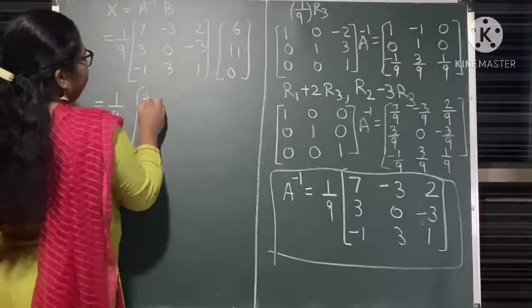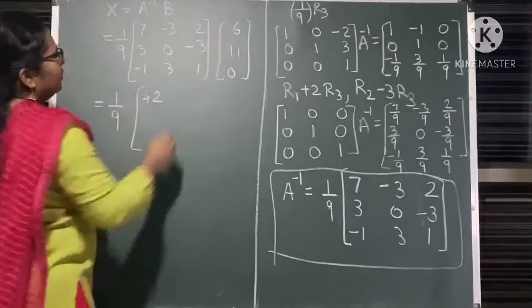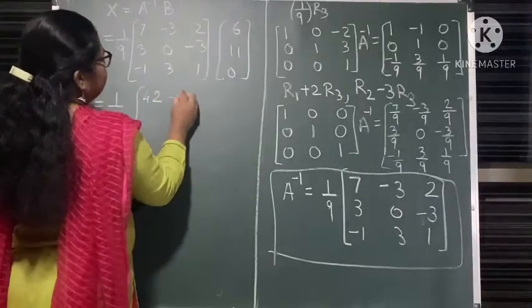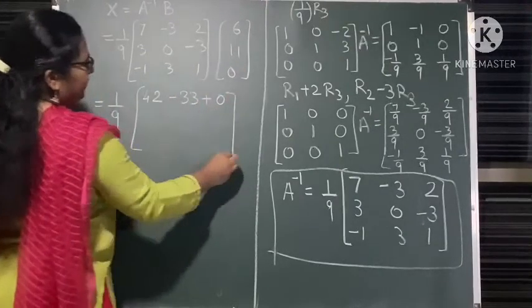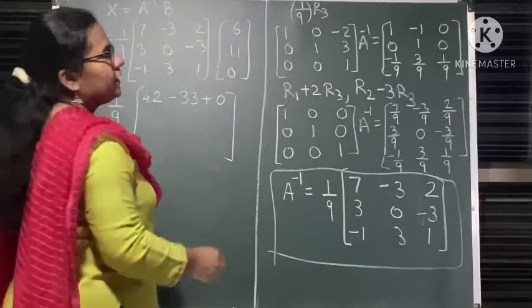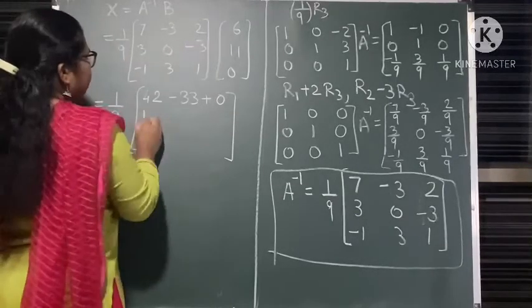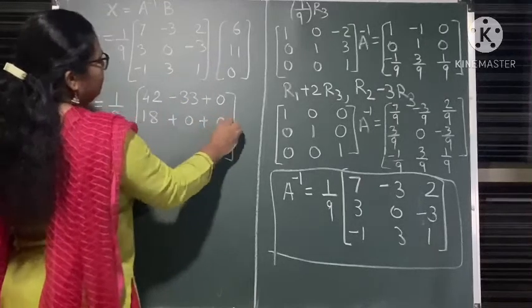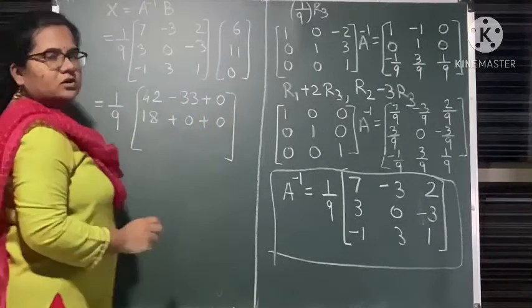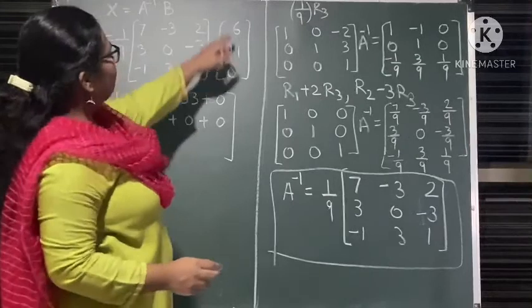7 6s are 42. Then minus 3 into 11 is minus 33. 2 into 0 is 0. So first row and the column is over. The second row, 3 6s are 18. 0 into 11, 0. And this is also 0, minus 3 into 0. Now second row with the column is over.